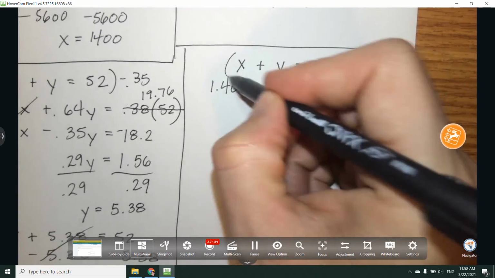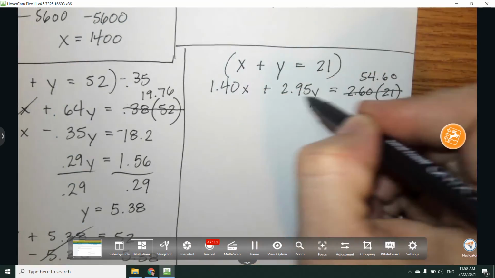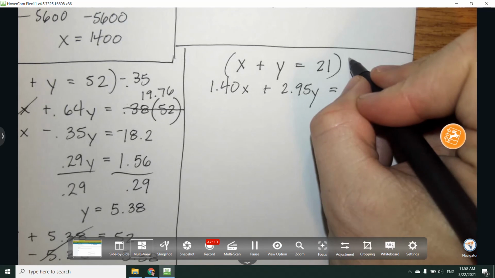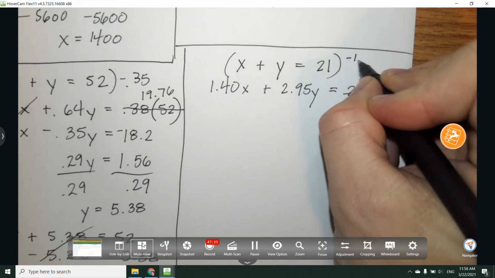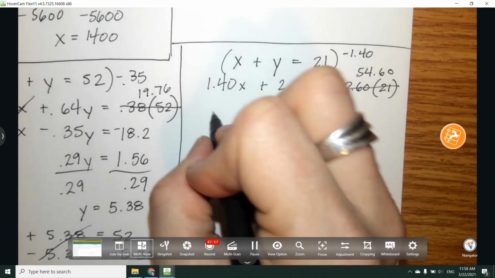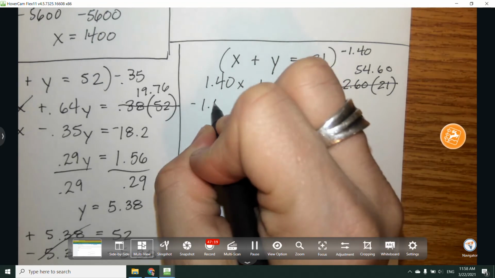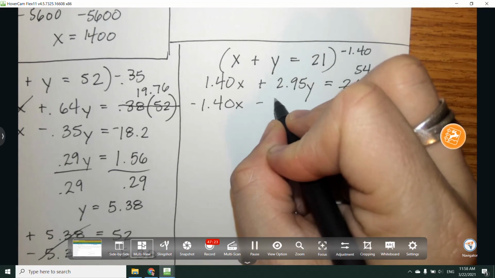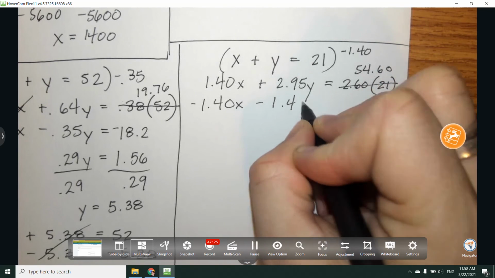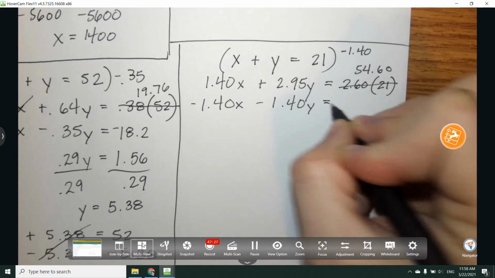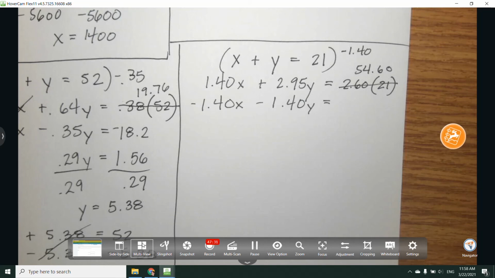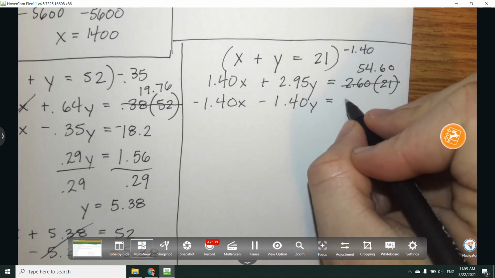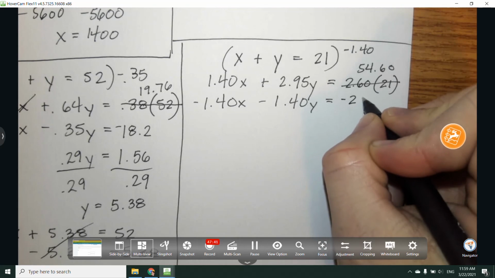But I'm going to go ahead and multiply this one to eliminate this one. So we're going to multiply this one times a negative 1.40. That way that'll go away. This one also gets that negative 1.40. And then 21 times 1.40, and that's negative, so it's a negative 29.4.